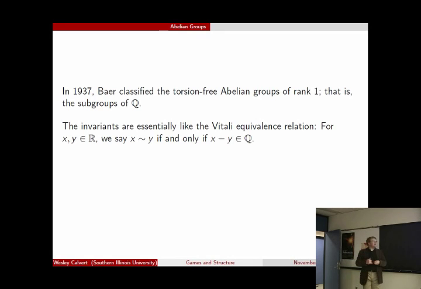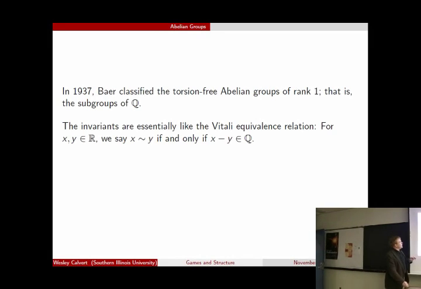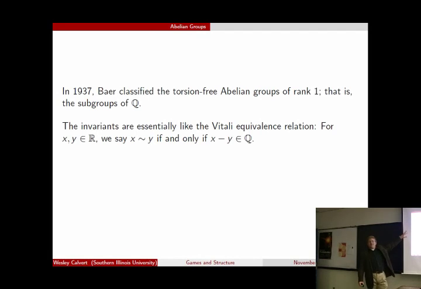Well, the invariants you get here are not natural numbers. They are weird. You could say roughly that what you get is real numbers, and two of these groups are isomorphic if the real numbers differ by a rational. It's slightly more involved than that, but in a technical sense it exactly amounts to this equivalence relation.